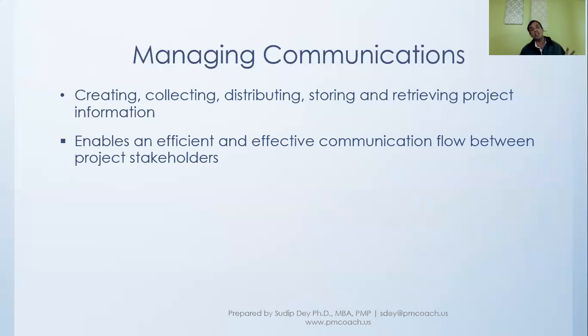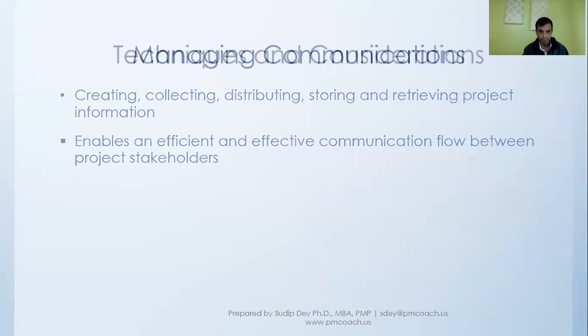We are drawing a strategy of how we will communicate in the communication management plan, here in manage communication, and subsequently in control or monitor communication, we are going to implement that. Make sure, and when we do that, we will have an efficient and effective communication flow between the project stakeholders. And that is really the objective here.